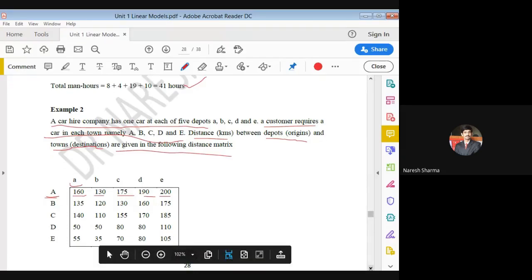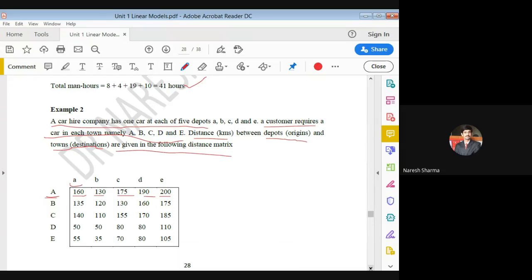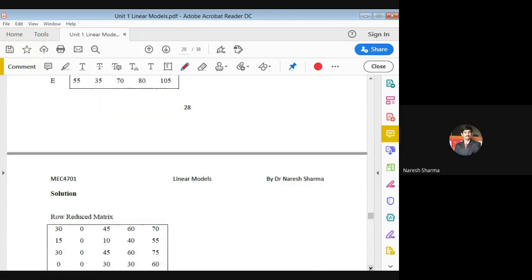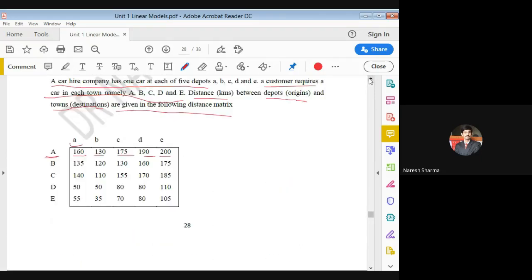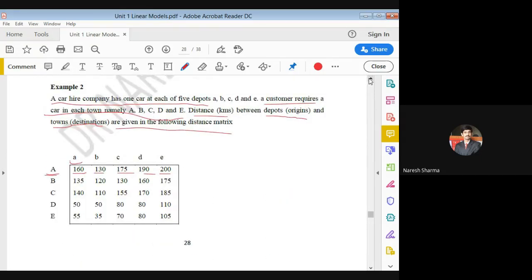So if our problem is of maximization type, in the previous one we minimized the cost. In the case of a maximization problem, we try to convert that into a minimization type first.